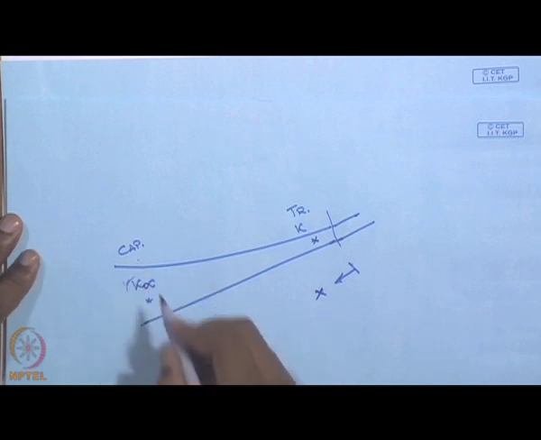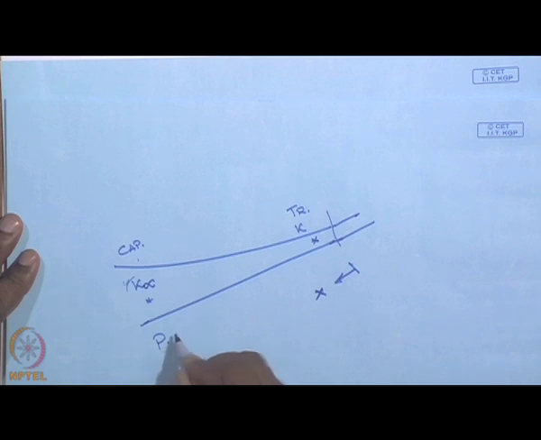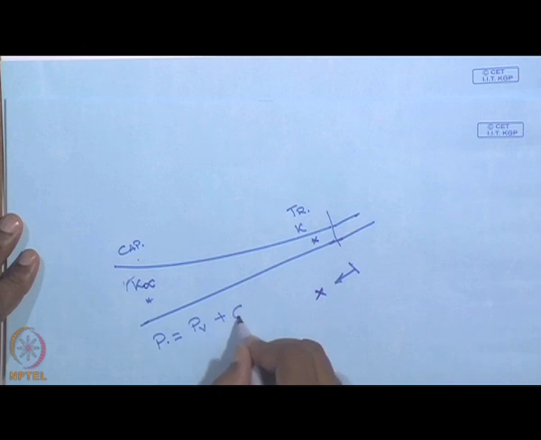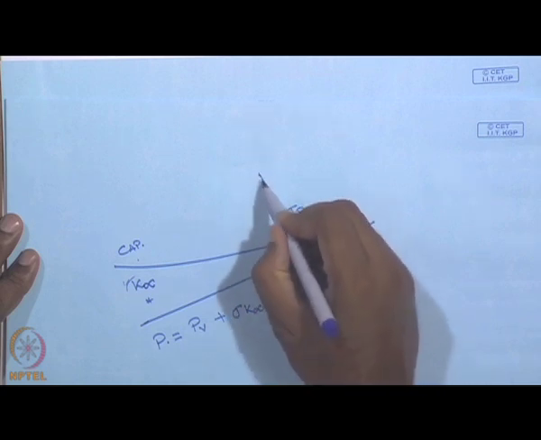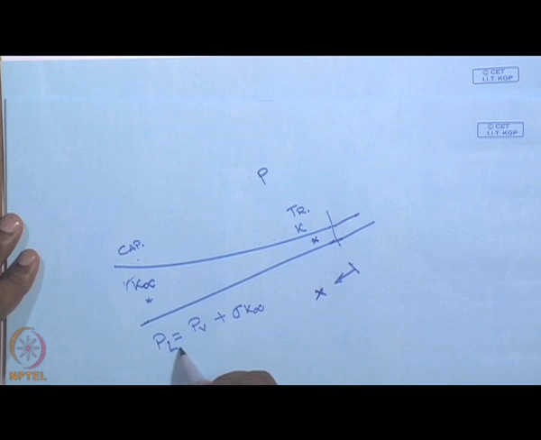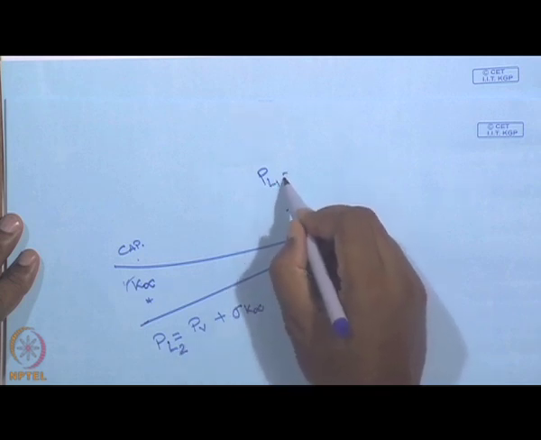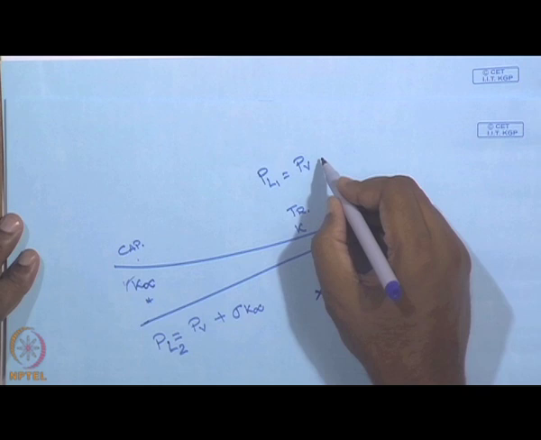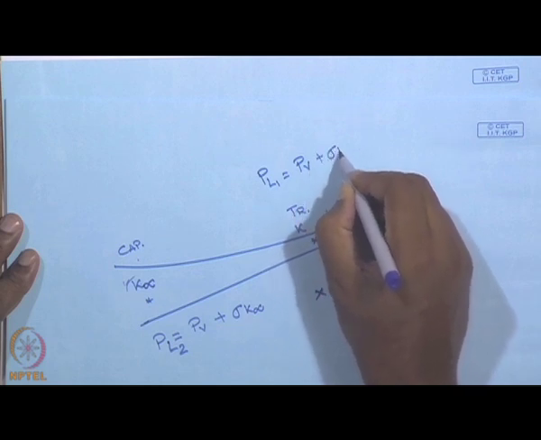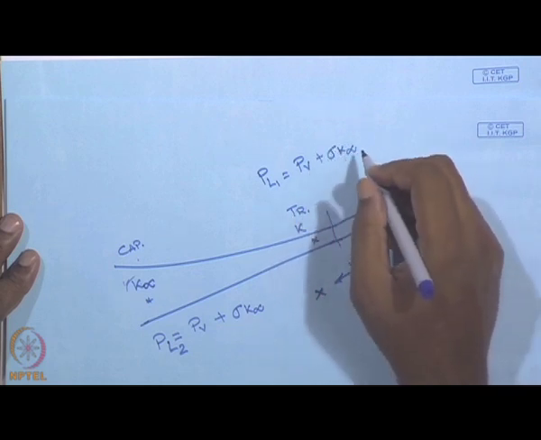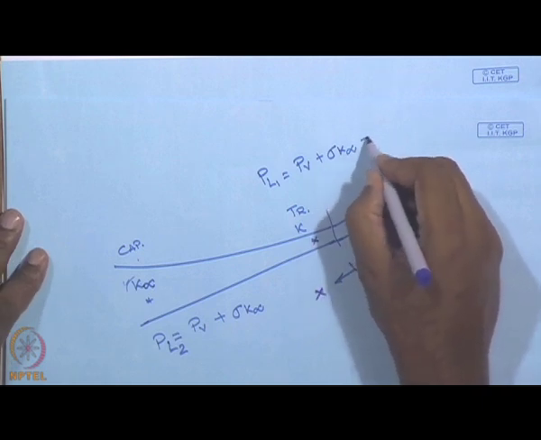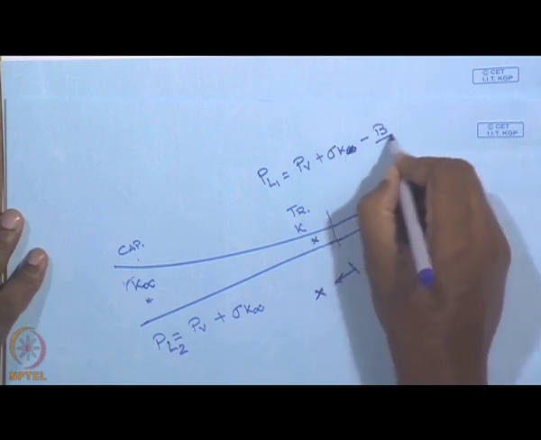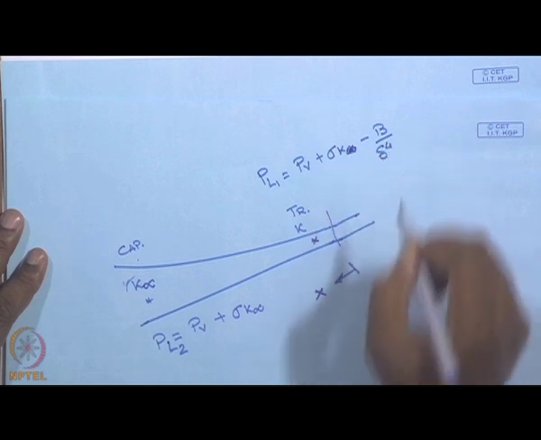If I write the Young-Laplace equation, then PL would be PV plus sigma k infinity, and we do not have any disjoining pressure in this case, but over here PL2 and PL1 is going to be equal to PV plus sigma k infinity and sigma k minus b by delta to the power 4.